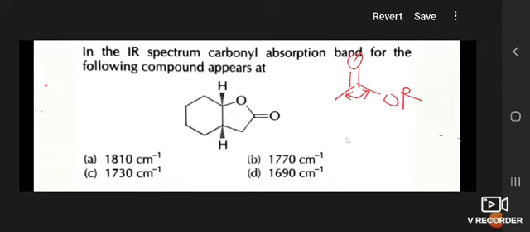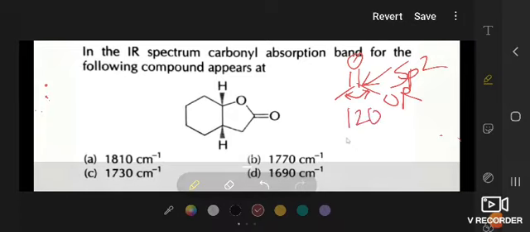trigonal bond angle. That means here the carbon is sp2 hybridized, so it is trigonal planar. Now as we know, for the sp2 hybridized carbon the bond angle is 120, okay.